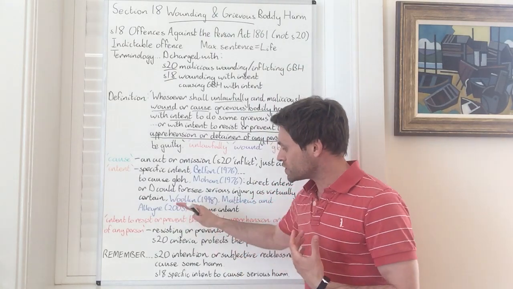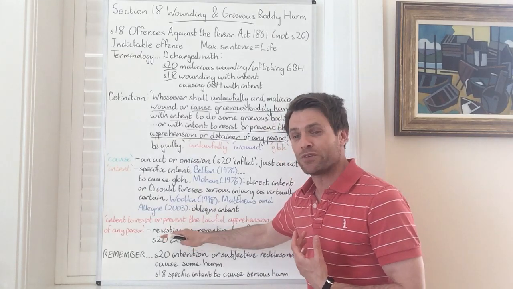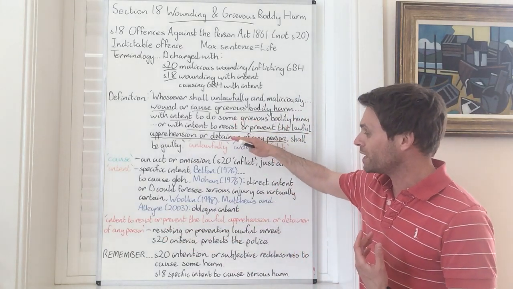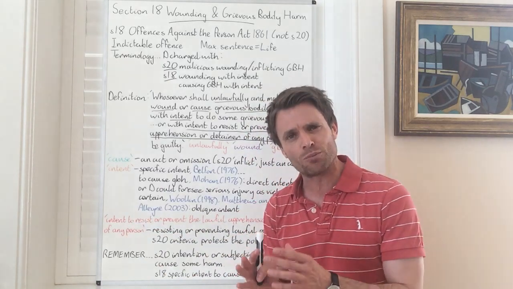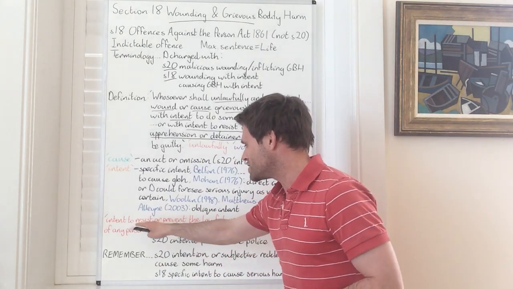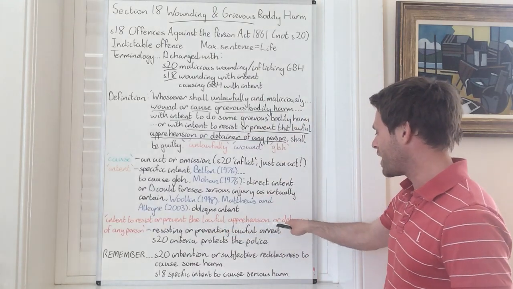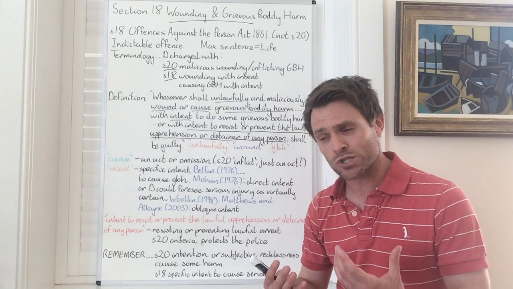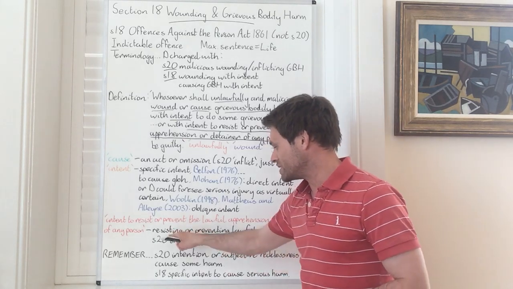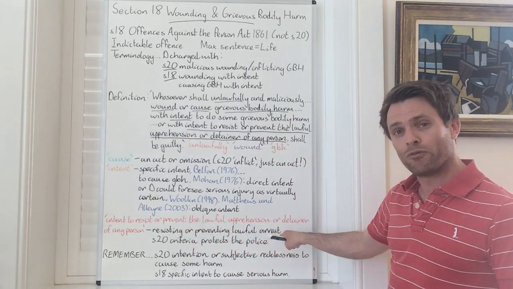Now, moving on to this rather curious part of the definition, which makes it all the more long-winded, is this statement here. I'll just read out the statement and then put it into plain English for you. Intent to resist or prevent the lawful apprehension or detainer of any person. This talks about the context of the defendant resisting or preventing lawful arrest.